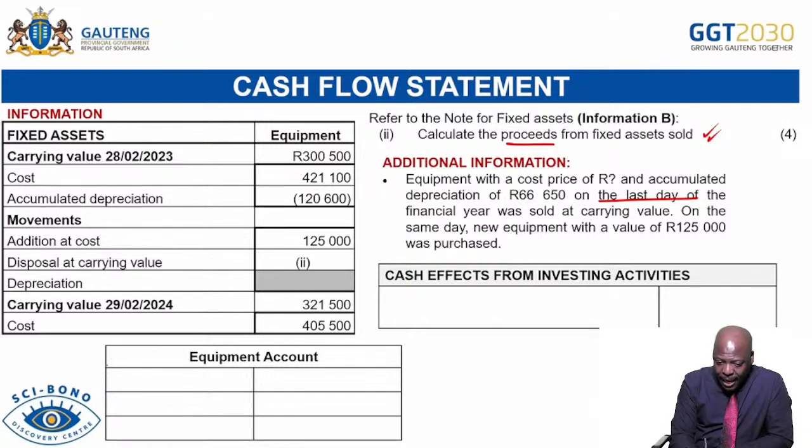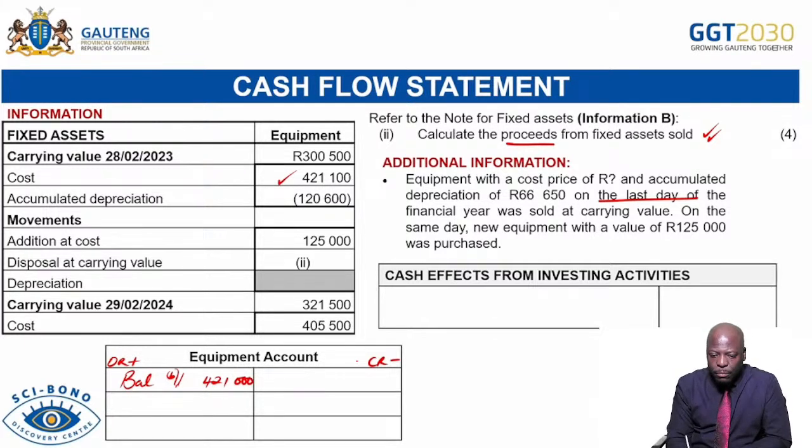So on the debit side, it will increase, but on the credit side, it will decrease. At the beginning, my equipment was 421,000. So here I'm going to have my balance brought down, that is 421,000. Are we still okay?